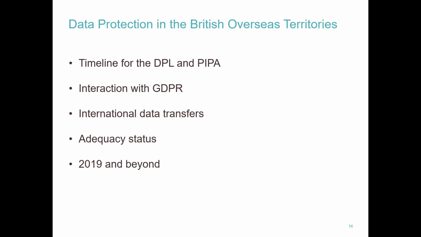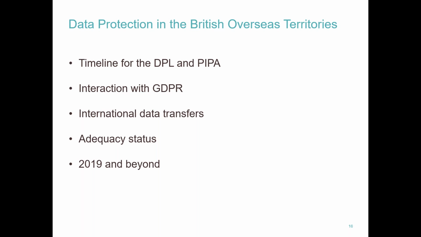In terms of how they interact with the GDPR, as I said, the intention was for both laws to track the GDPR as far as possible, but that wasn't the end result, and there are inevitably some gaps between the laws. Some examples would be around marketing consent, where both Bermuda and Cayman adopt an opt-out approach and don't require the same granular opt-in consent that is now required under the GDPR.